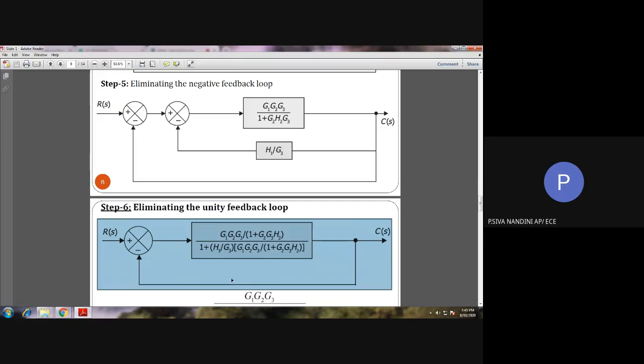Okay, so it is known as unity feedback. Here in the feedback path we are having only 1, so it is named as a unity feedback loop. So we can consider this unity feedback loop also as a negative feedback because this one is fed to the summing point with a negative sign.